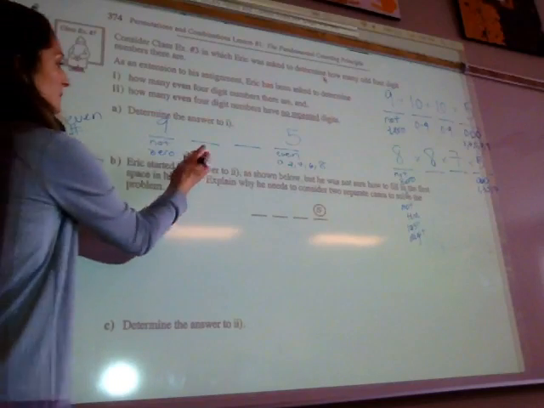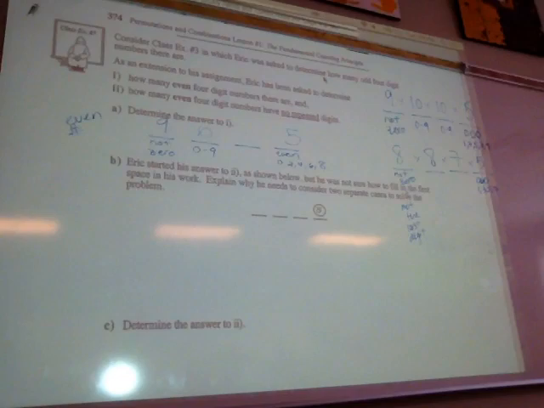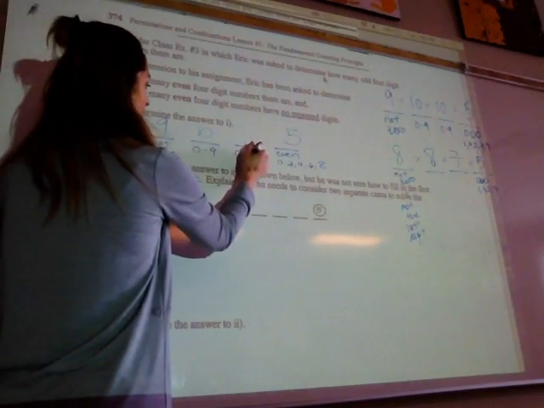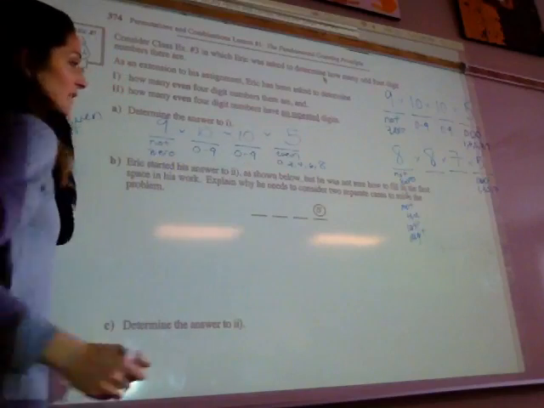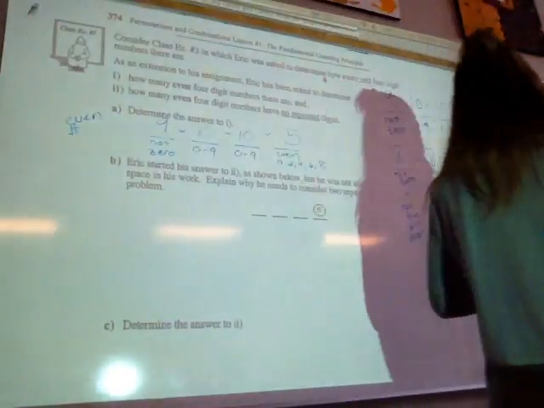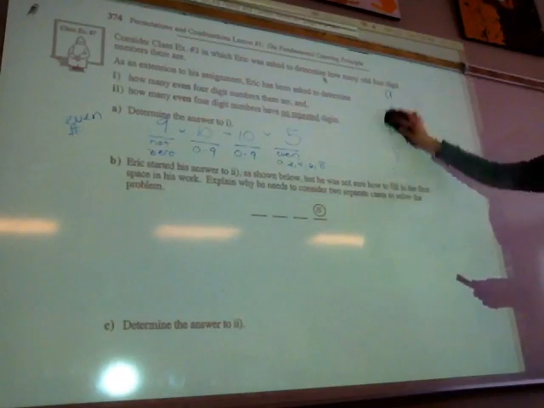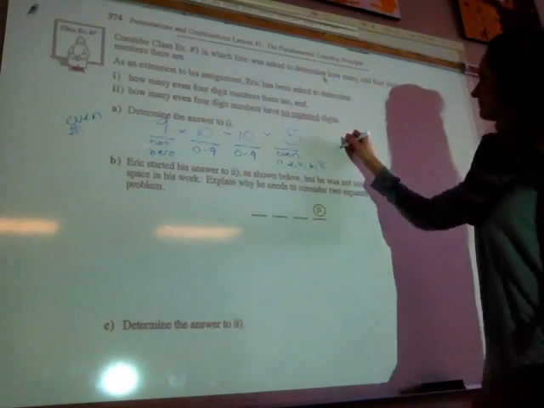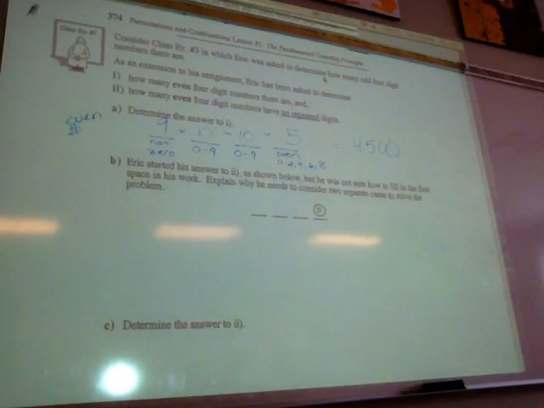The second digit can be anything from 0 to 9, so that's 10 possibilities. And the third digit can be anything from 0 to 9, so that also has 10 possibilities. So we just multiply that through, and we get 4,500. So that's how many even 4-digit numbers there would be.